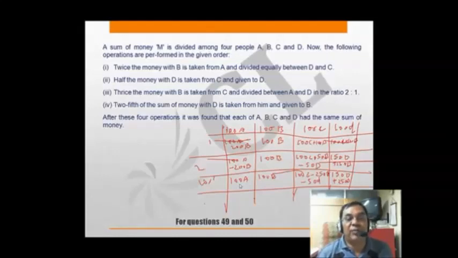Two-fifths of the sum of the money with D is taken from him and given to B. So this remains 100A.